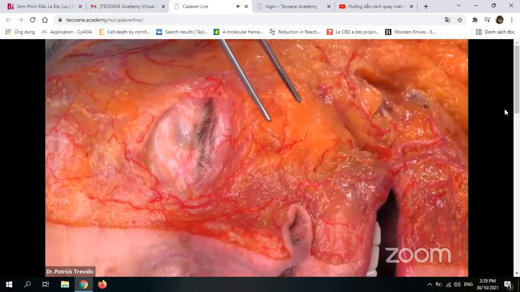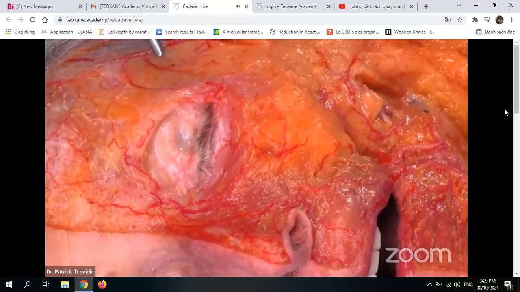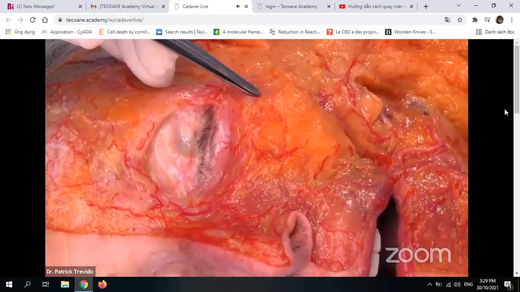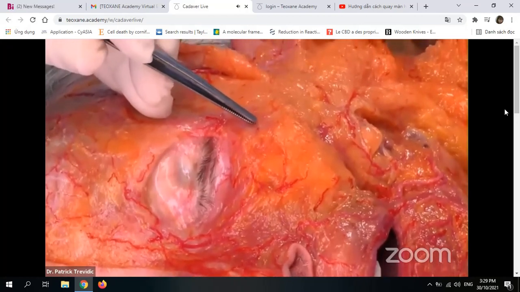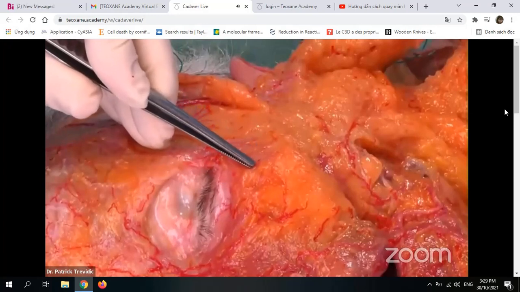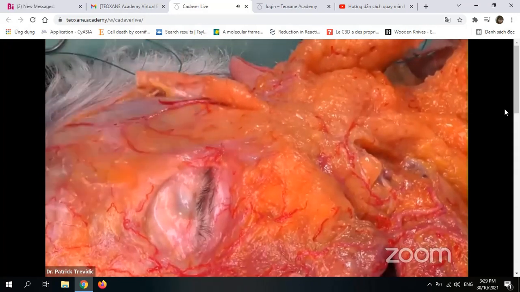There is no branches going up here. And the last branch that you can see, if we are looking just here, this is the zygomatico-facial artery here, with small, very tiny branches, so in the superficial fat also.